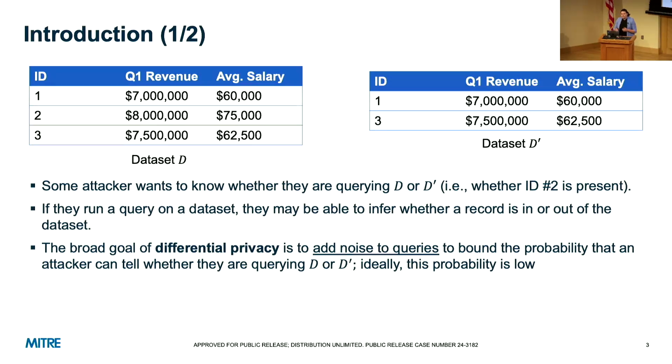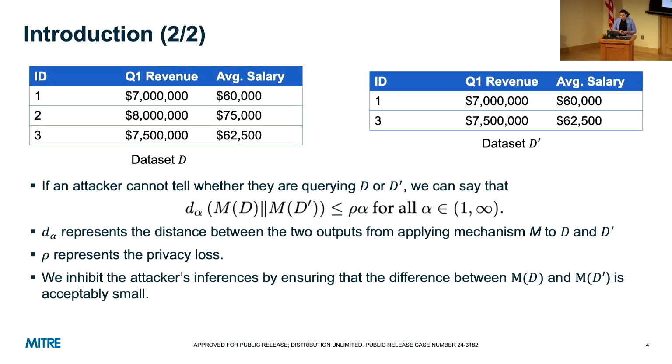So the broad goal of differential privacy is basically to prevent this by adding noise to queries to bound the probability that an attacker can tell whether they are querying D or D prime. Ideally, of course, this probability is low. And in general, this basically means I'm trying to make sure that someone can't tell whether ID number 2 is in my data set. So if an attacker cannot tell whether they are querying D or D prime, we can say this mathematically, that basically the distance between the two outputs from applying mechanism M to D and D prime is bounded by this rho of alpha from above.